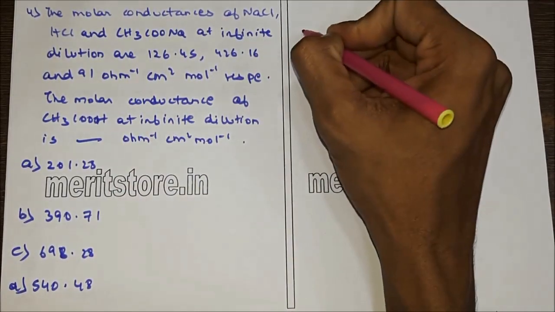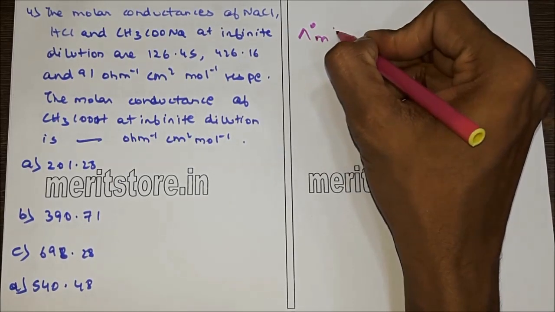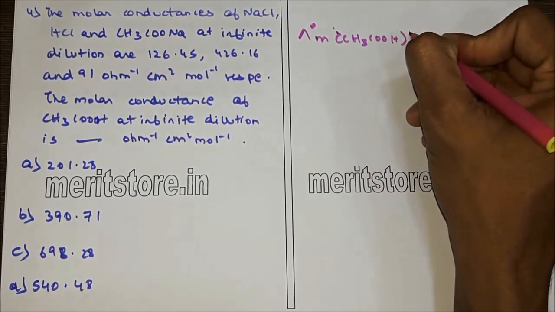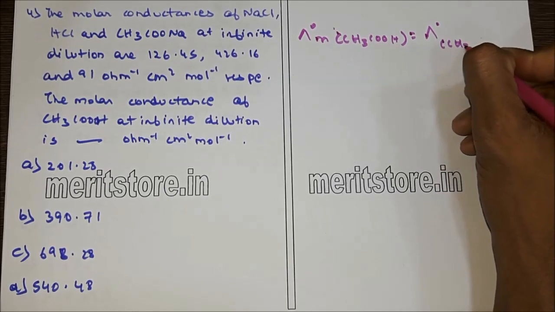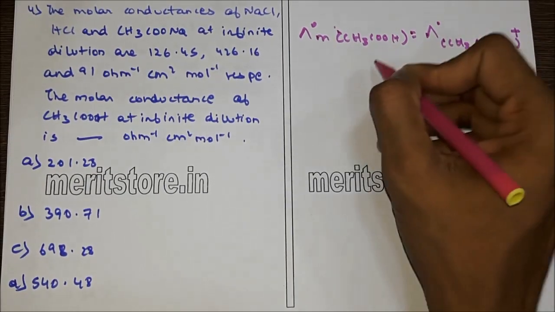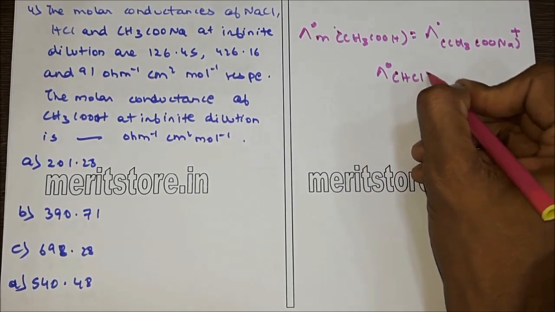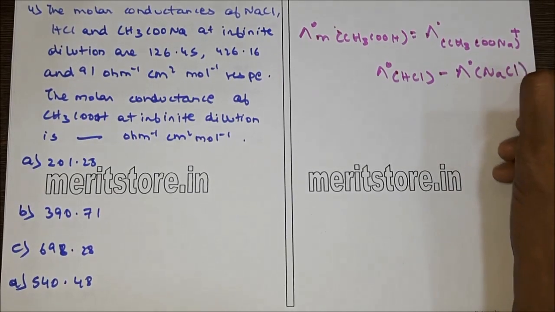We can write the molar conductance of CH3COOH equal to the molar conductance of CH3COONa plus HCl minus the molar conductance of NaCl.